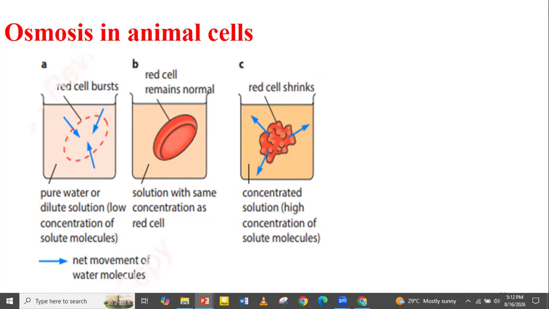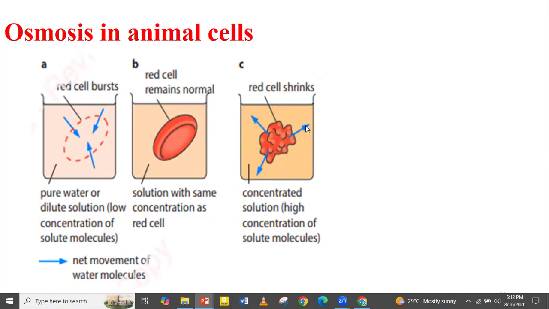So that is what happens to an animal cell once you place it in a solution that has a higher water potential than it. When you look at situation labeled C, this red blood cell has been placed in a concentrated solution, a solution that has a lower water potential than it. So you're going to have water molecules moving from the cytoplasm of this cell. That's what these arrows are showing you.